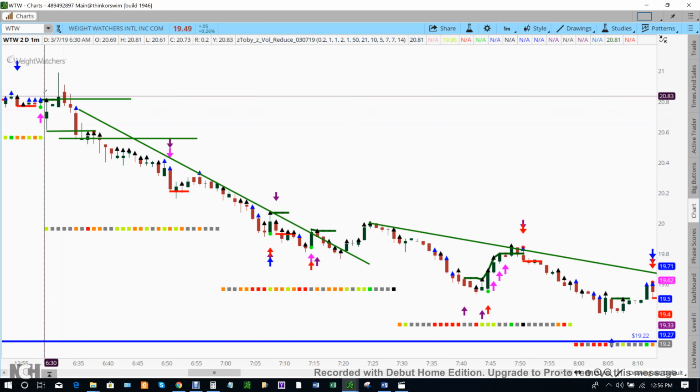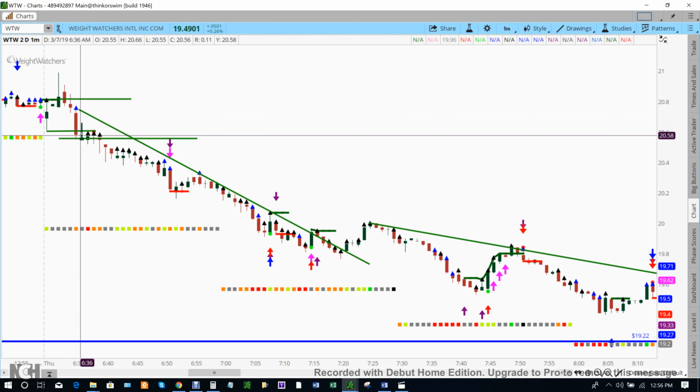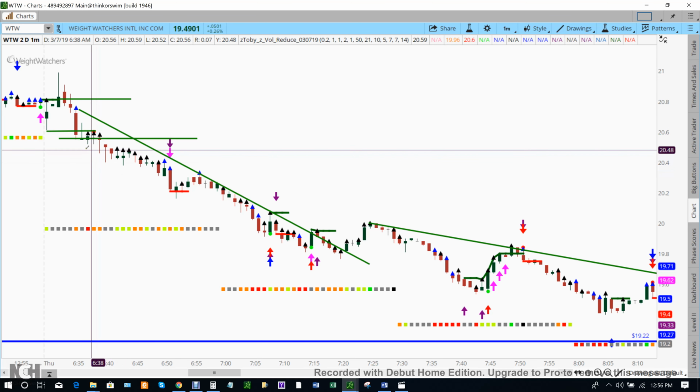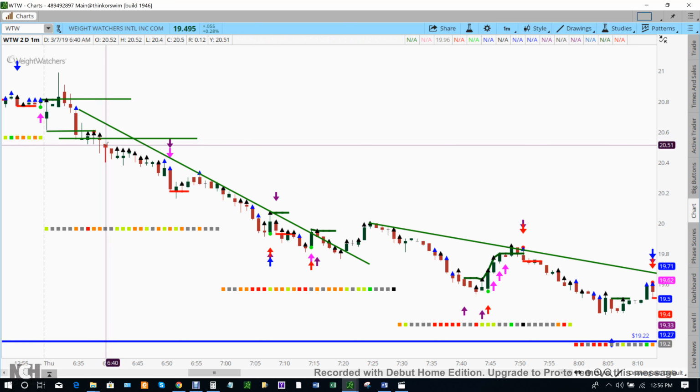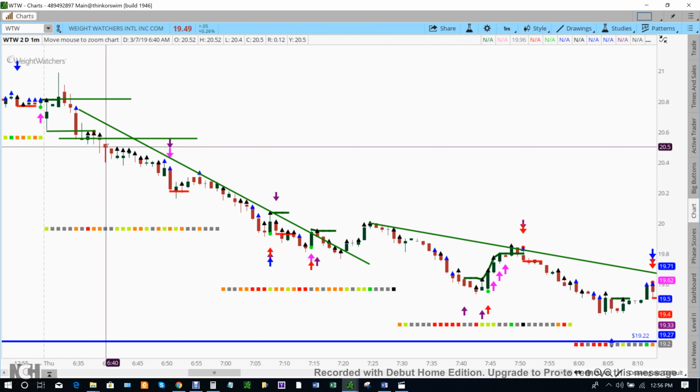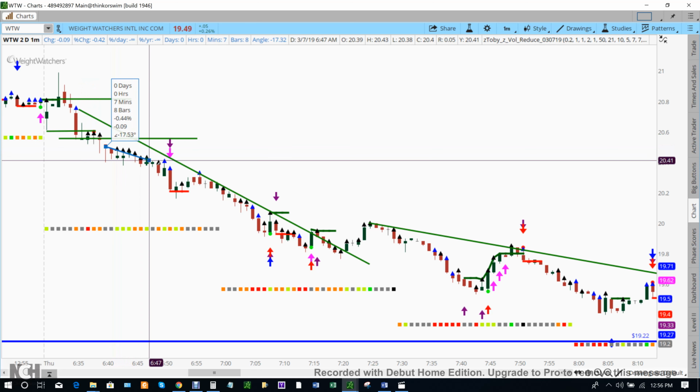There's usually a gap or a spike at the beginning of the day. This one wasn't too bad, so we could have entered here maybe. The first real candle we could have entered would have been right here. It went down below it. I should have gotten in right here, and then ridden it down.